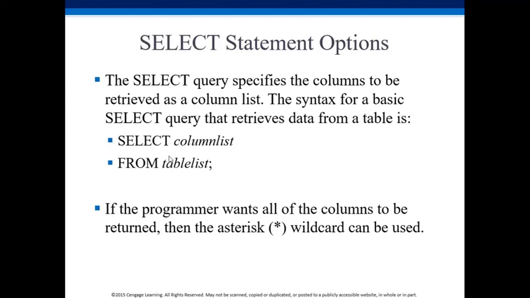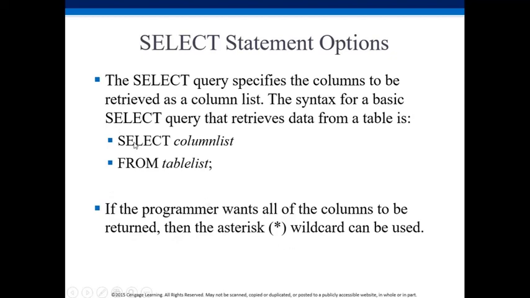And then the from, we discuss which table to get from. In that case, we get from employee. If the programmer wants all of the columns to be returned, regardless of conditions, if you just want all columns for that table, you can use an asterisk.